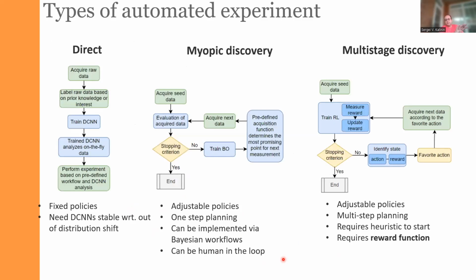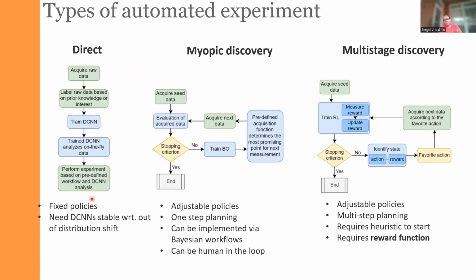Okay, so let's recap where we are now. We have three types of experiment that we classify based on the principles by which we make decisions. The first type of experiment is the direct one. We acquire raw data, label the data based on prior knowledge or interest, train a convolutional network, use the pre-trained network to analyze the data, and perform the experiments based on the predefined objects of interest.